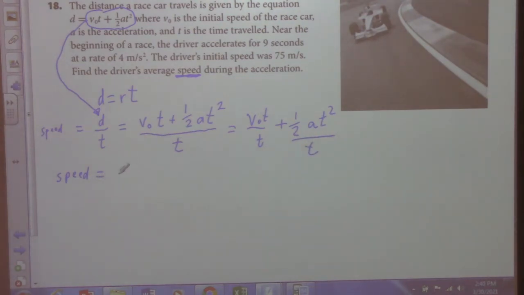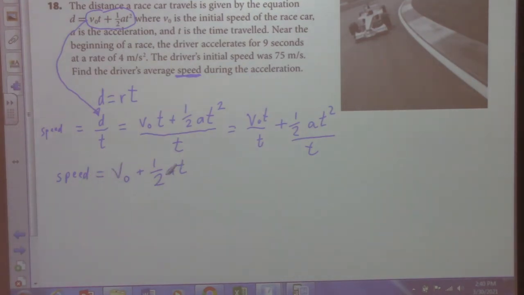So what does that simplify to? V sub 0, okay, v sub 0 plus 1/2 a times t. Is that right? And so if we just plug in, we should be able to figure this out.